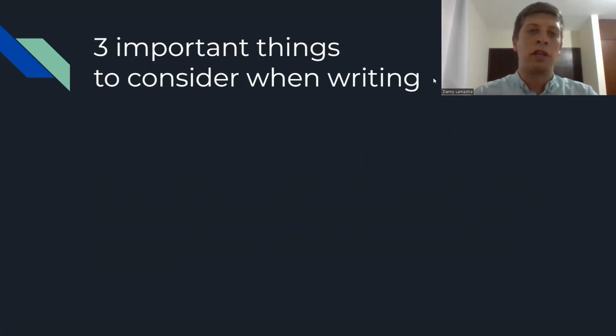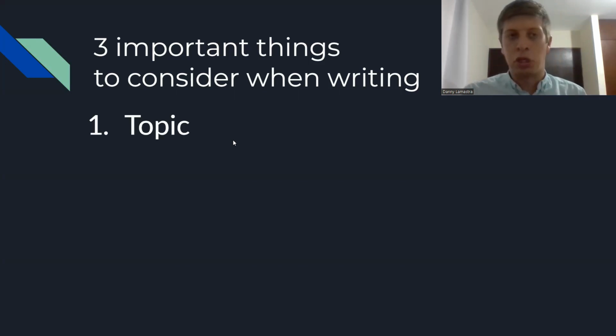There are three important things that you should consider whenever you're writing in general. And we're going to talk about these specifically through the framework of thinking about academic writing and research papers. The first one is probably the most obvious, right? Topic. Now, I say this is the most obvious, but it is an area where I do see mistakes as a teacher.